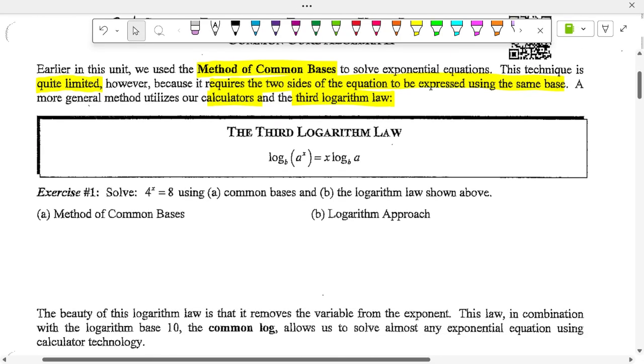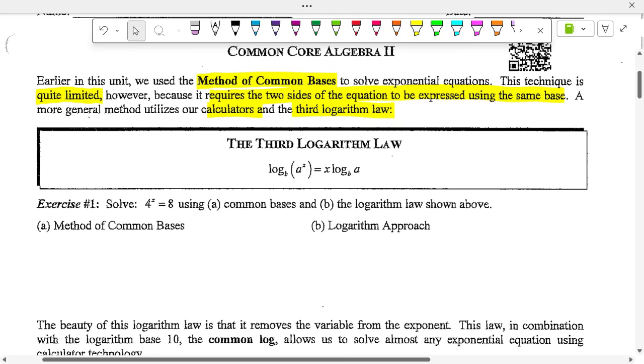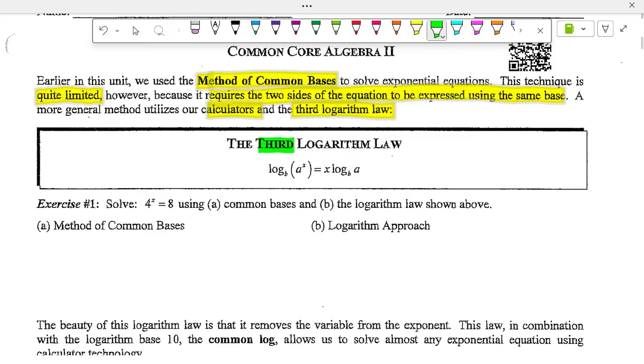Before we actually talk about the logarithm approach, we first need to talk about the third logarithm law. All it states is that if you have a log base b of a raised to a power of x, we can take that exponent and bring it down to the front of the log to be multiplied to the log.